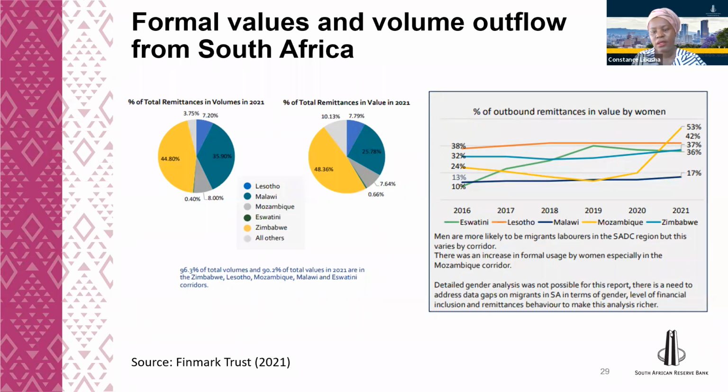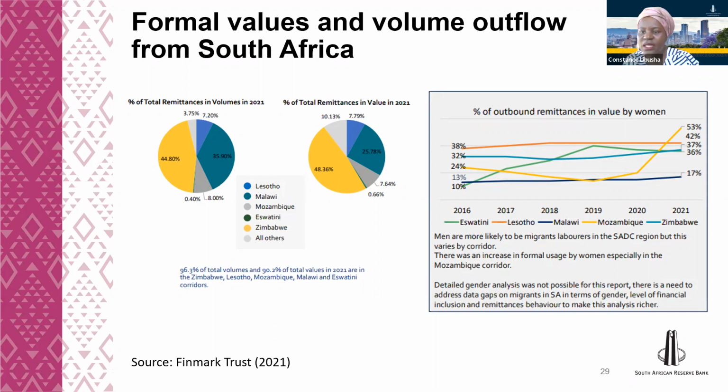And then on the right diagram, you will see that the remittances are grouped according to women. So how many women actually do this kind of remittance? Number one is actually Mozambique. Then it's followed by, I think 42%, Lesotho. And then Zimbabwe, and then 17% is Malawi.